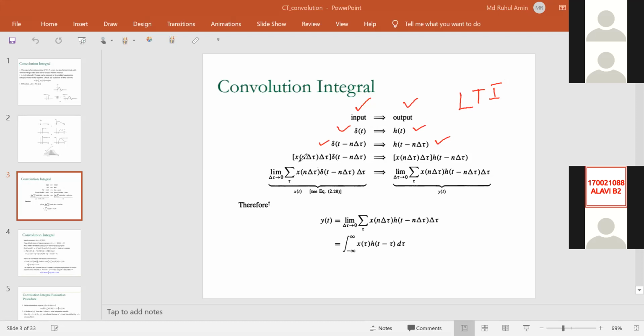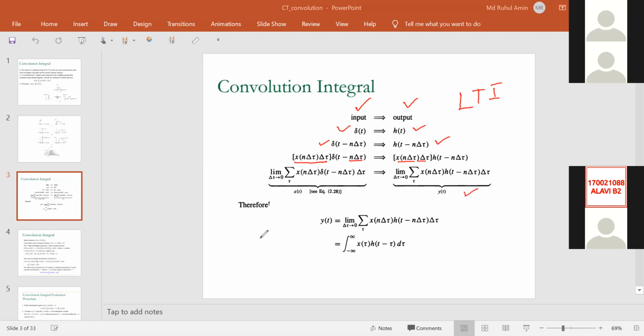If we scale the input with the value of our input at the location of the impulse, the output will be scaled in the same way. If we keep changing the position of n, we traverse the whole time region of the signal. For each individual case we have an output, and we have to sum all the outputs together to get our y(t).